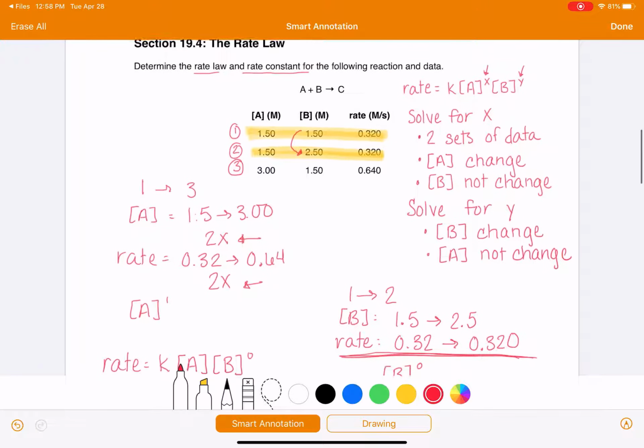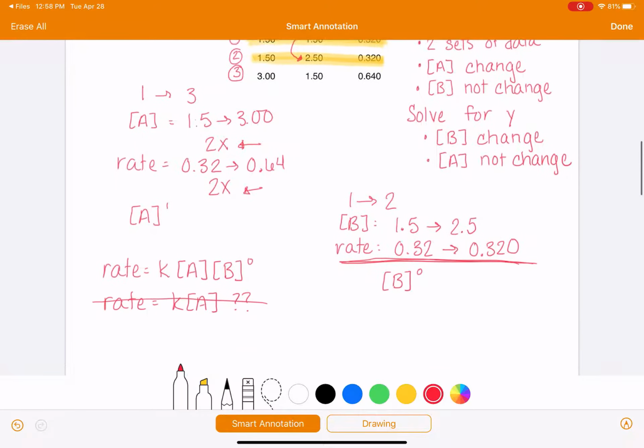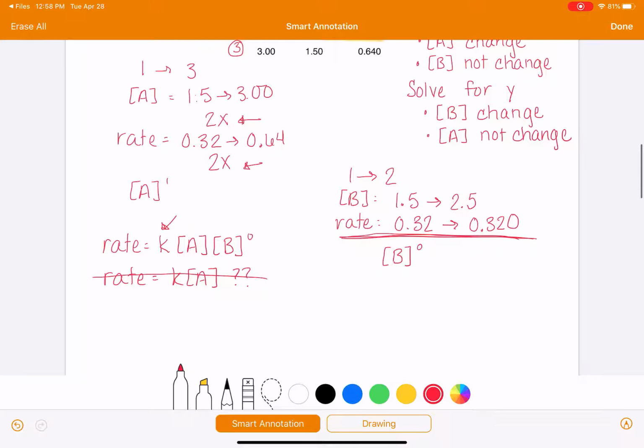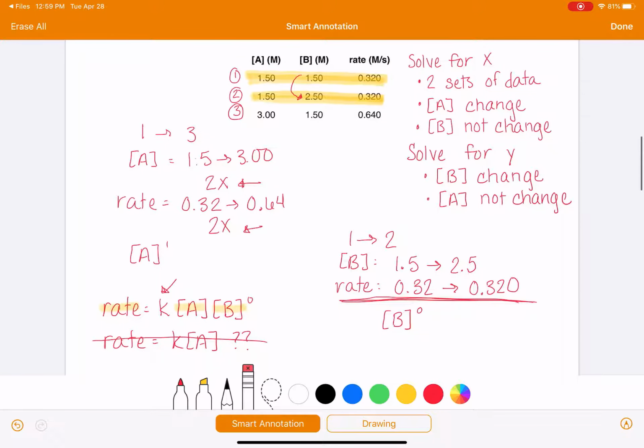Now the next thing we need to do is figure out the rate constant. That's going to be k. How do we go about solving for k? Well, this is now just an algebra problem. We just need to know a rate, an A, and a B, plug them in, and solve for k. We have a lot of data available to us. Which one should we use? Which rate, which A, which B? It doesn't matter.